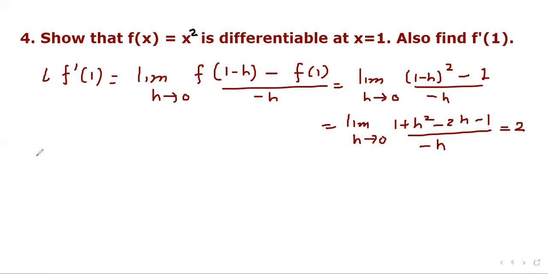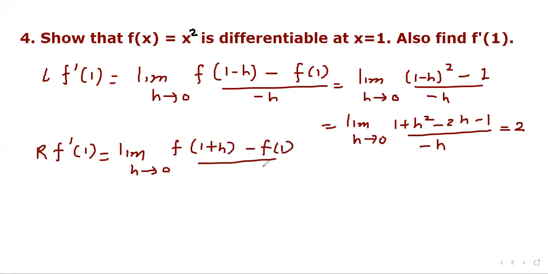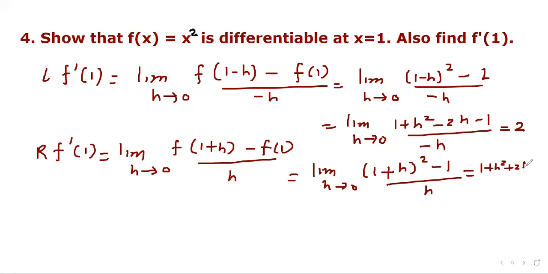Now we consider right hand derivative Rf'(1), that is limit h tends to 0 f(1 plus h) minus f(1) divided by h. So it will become limit h tends to 0 (1 plus h) whole square minus 1 divided by h. 1 plus h² plus 2h minus 1 divided by h, which will give 2.